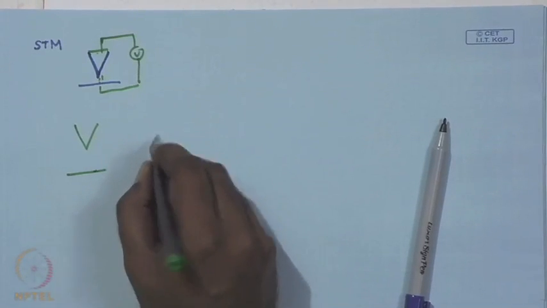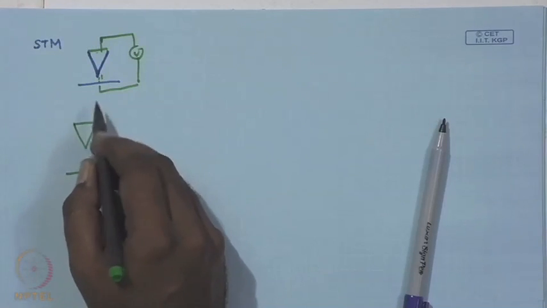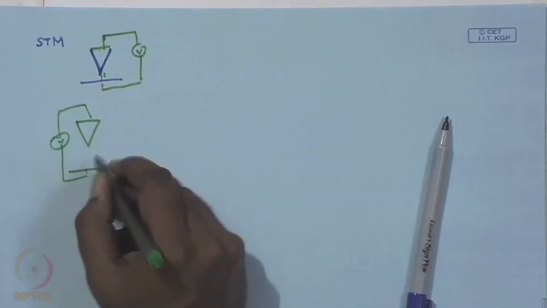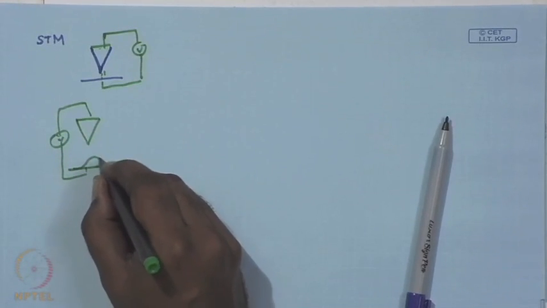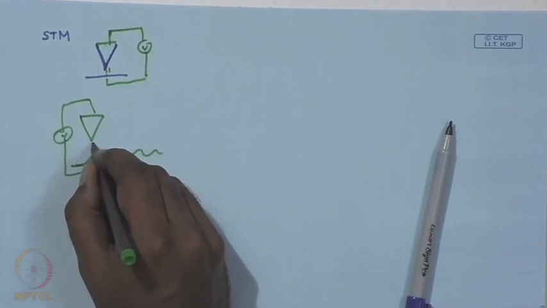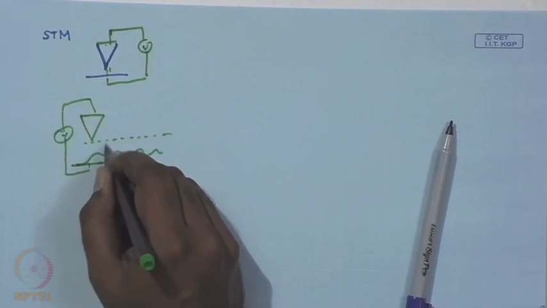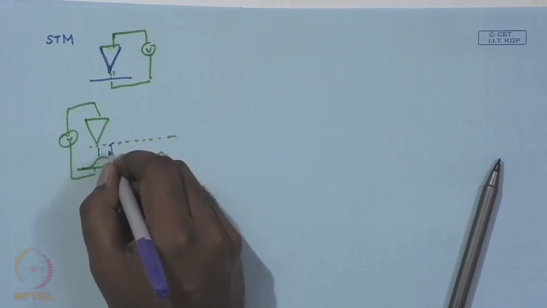So if you decide to move your tip along with the voltage over the surface at a constant height, and the surface is something like this, then as the tip moves, there is a variation in the separation distance between the tip and the surface.